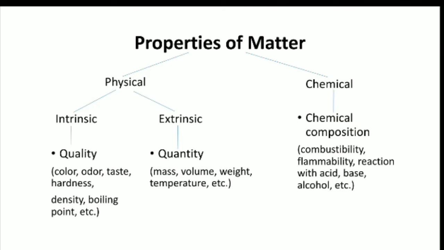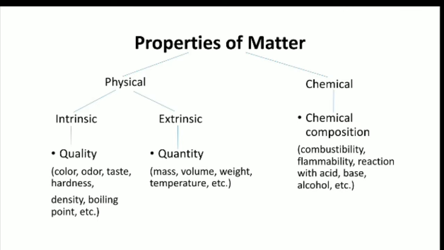So it's distinct. Whereas for extrinsic properties, for as long as there is a measure, there is a magnitude, you can tell if it is an extrinsic property. But you will notice density here under intrinsic property, as well as boiling point, and in addition freezing point and melting points are intrinsic properties even if they have magnitude.